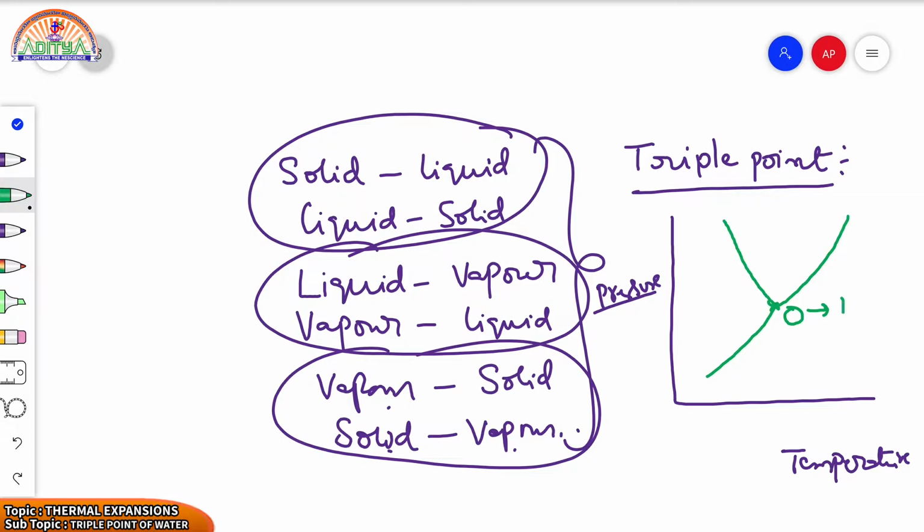Such a point is called the triple point. Look, OA, OB and OC. This line is called the ice line. This is called the steam line. This is called the sublimation curve.